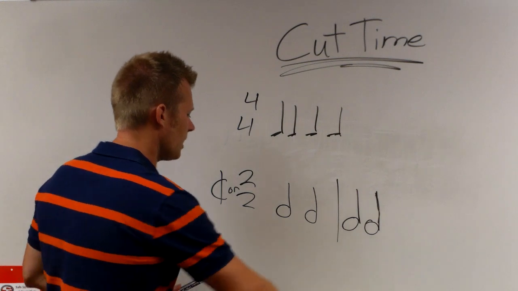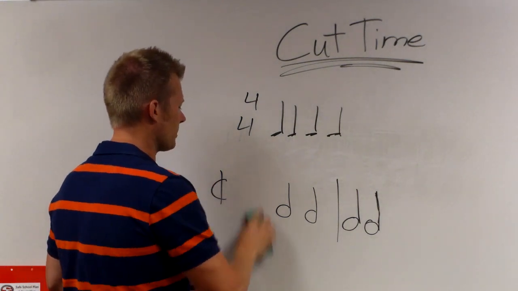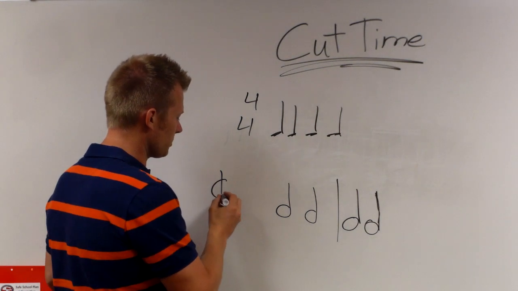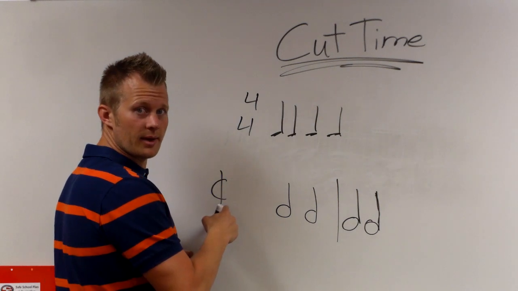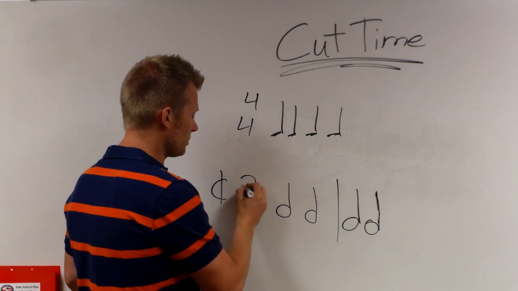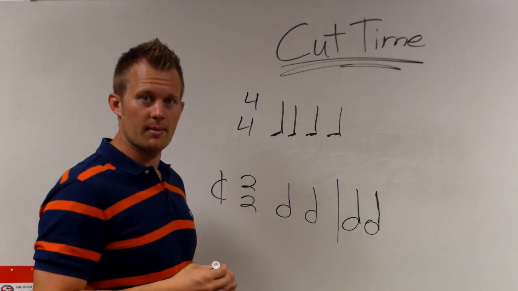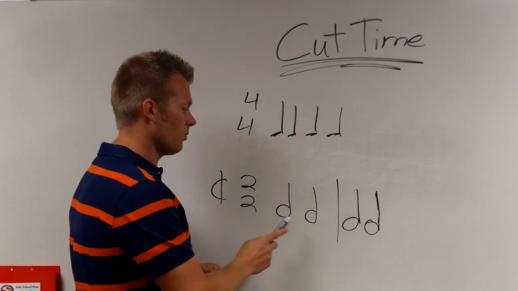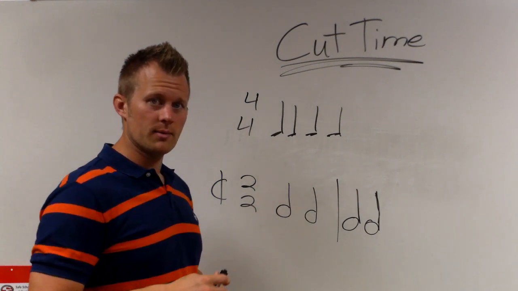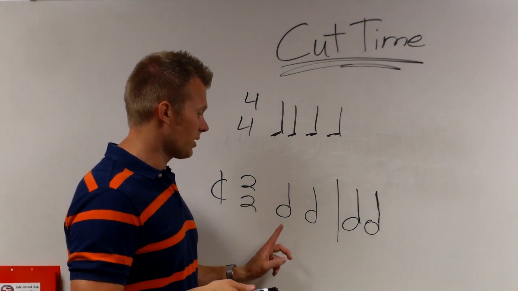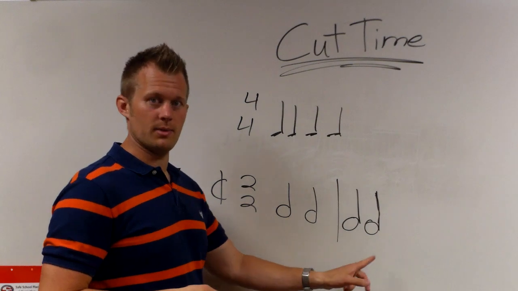Well, in cut time, you'll see the time signature over by the key signature. You'll see a C with a line through it, or you'll see 2/2, okay? And that means cut time. And what this means is the half note will get the beat. So every time you tap your foot, you're going to feel a half note getting the beat.